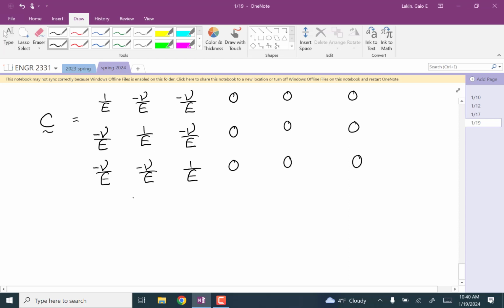And now for rows 4, 5, and 6, we have zeros for the first three elements.